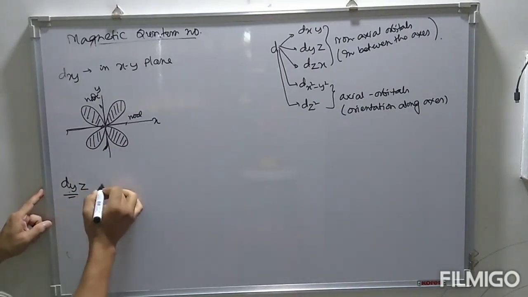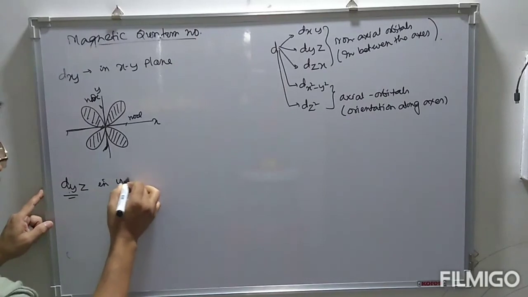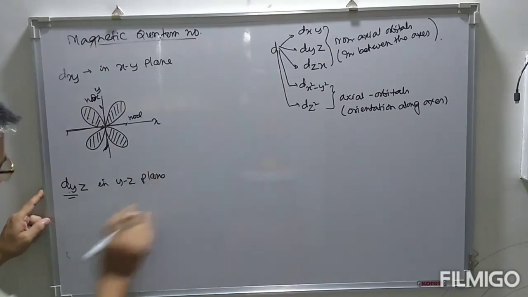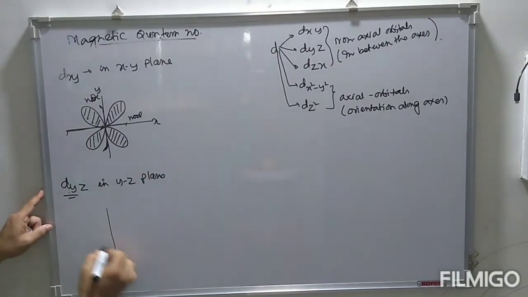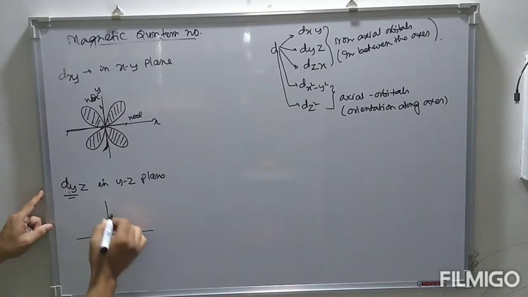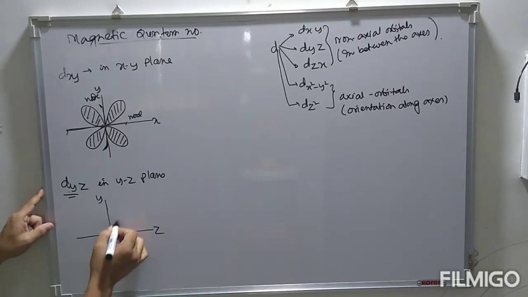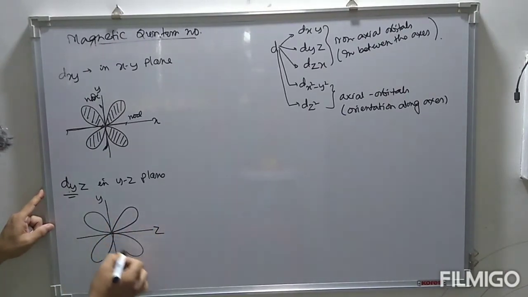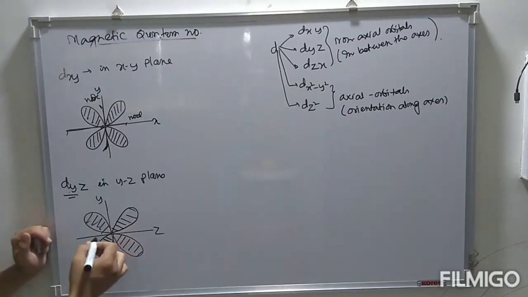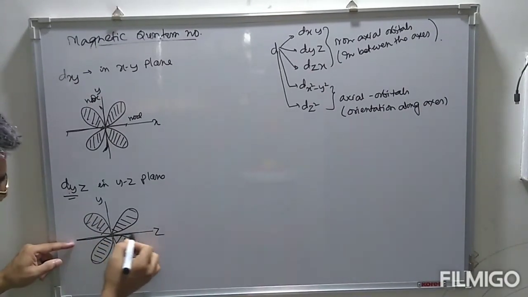Then dyz in yz plane. Suppose this is Y, this is Z. So we have it in between Y and Z axis. Again, look at this plane.